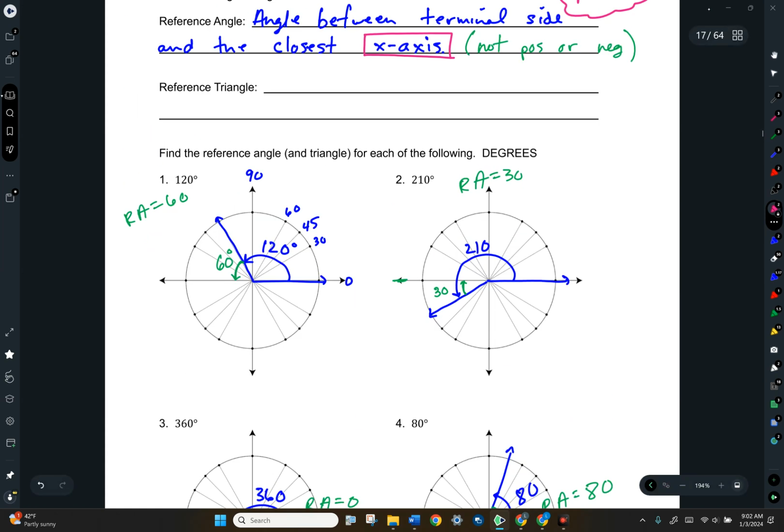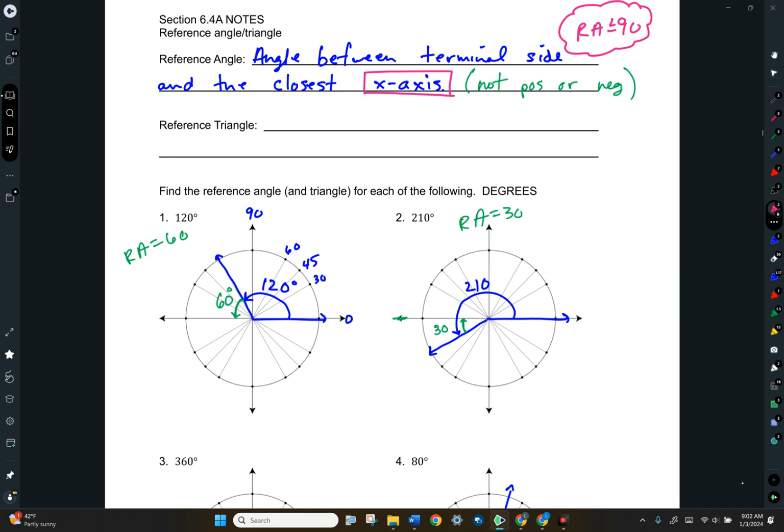Let's talk about reference triangle. Okay, so a reference triangle is going to be a right triangle between the terminal side, it's okay if I just say TS, between the terminal side and closest x-axis.